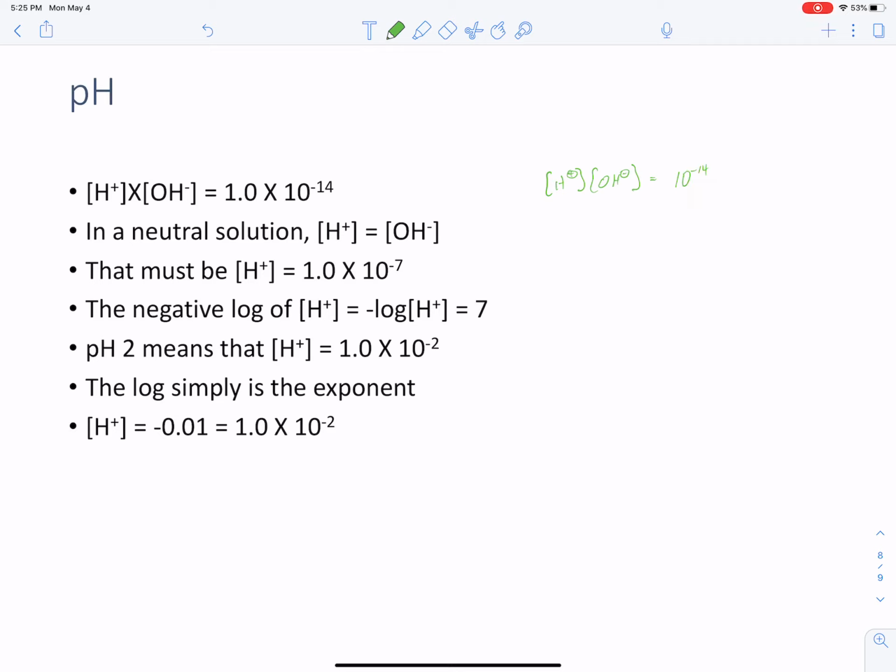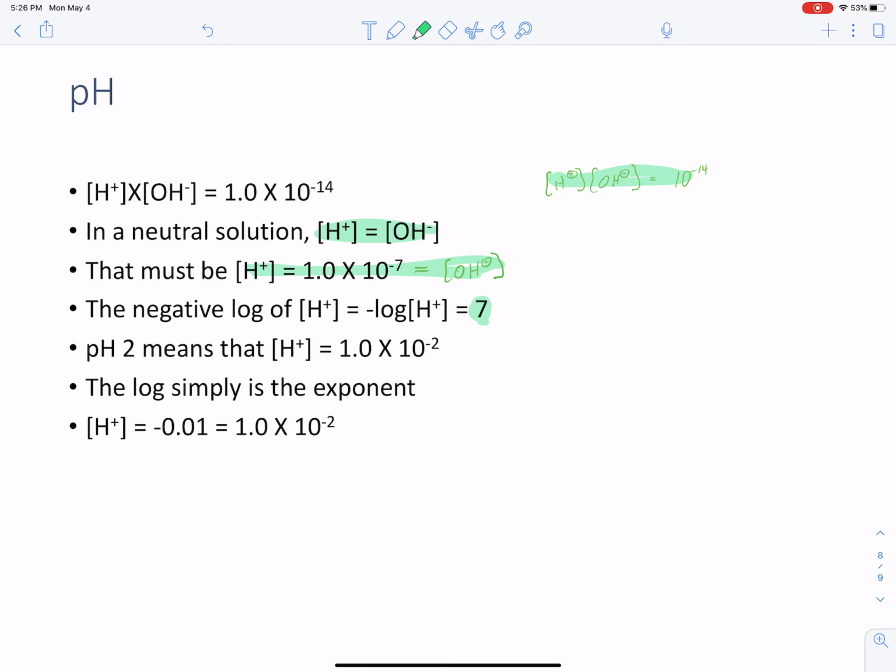In a neutral solution, that means H plus has to equal 10 to the negative 7th, and that's also equal to OH minus. So we got to pay attention to this, and that yields this thing right here. The negative log of the concentration in a neutral solution gives us a pH of 7.